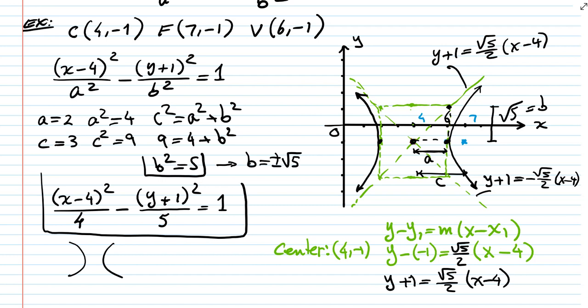And now I have the graph of my hyperbola, and all the key points are labeled on the graph. This is going to be V, and one of the vertices was given. We can find the other one. All right. We wanted to find the equation, and we did.